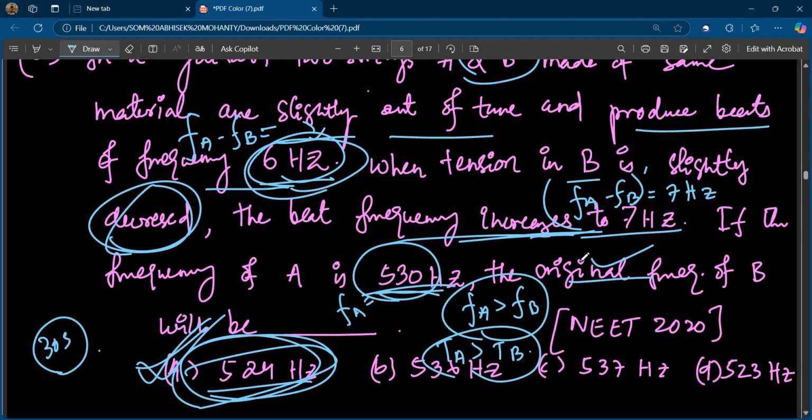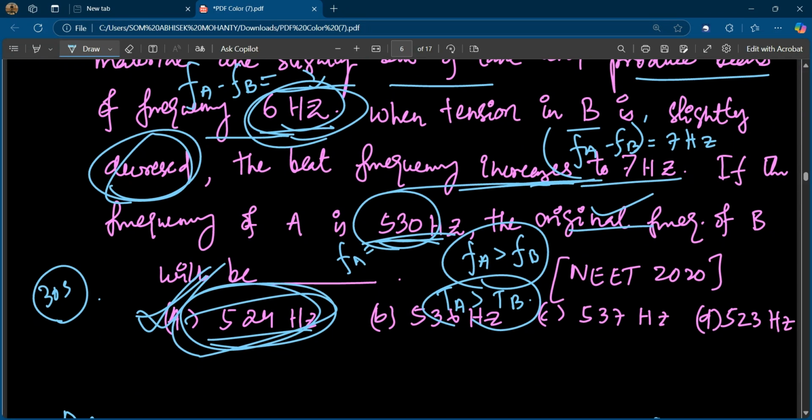Right now, write a homework question, question number 10. This is a homework for you.